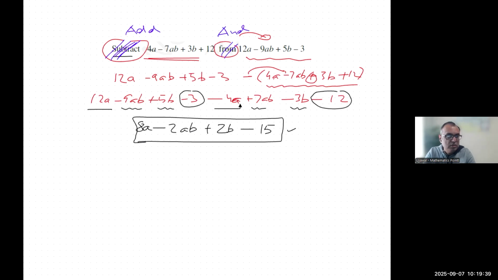So what I'm trying to do is 4a minus 7ab plus 3b plus 12 plus, I will still put in the bracket because that's the habit that you need to get into, minus 9ab plus 5b minus 3. Quick answers, please.